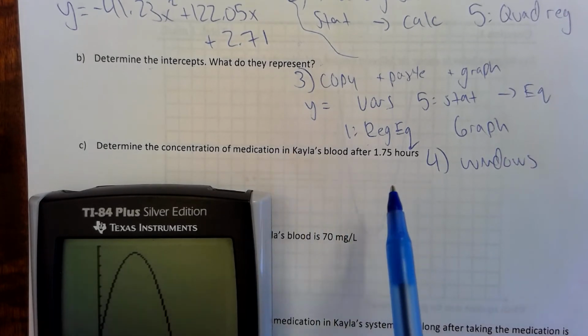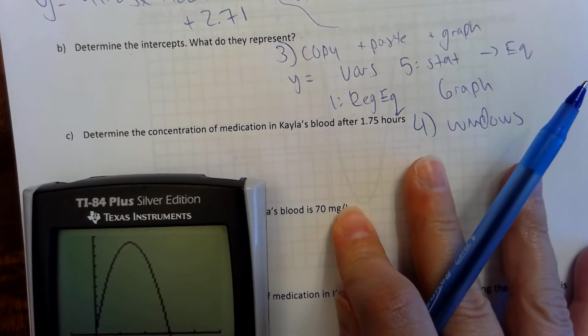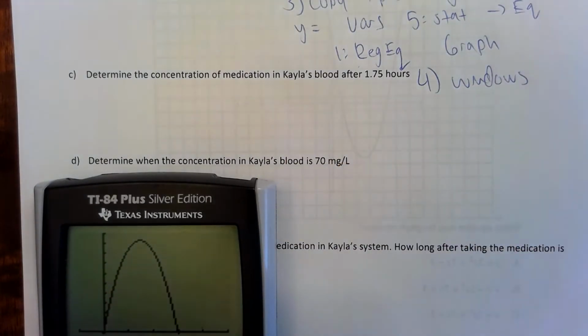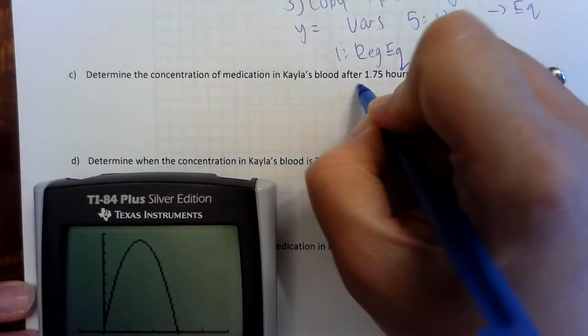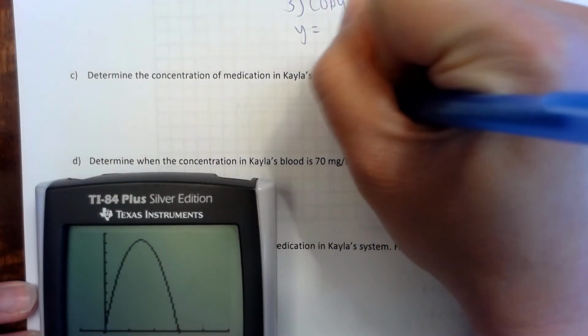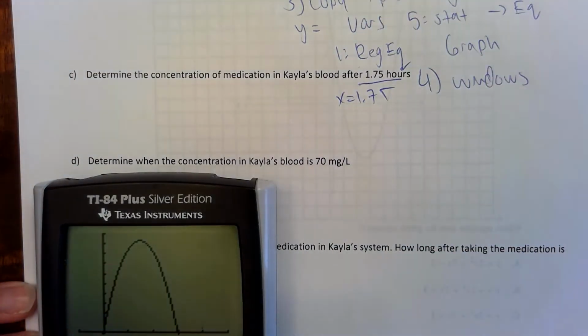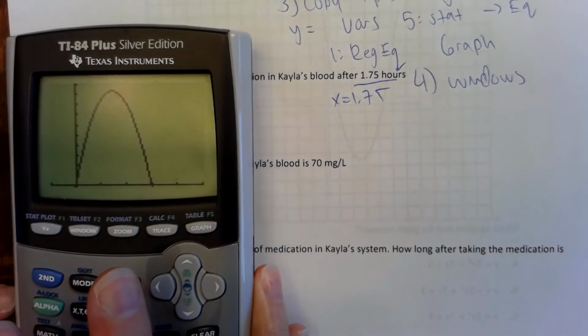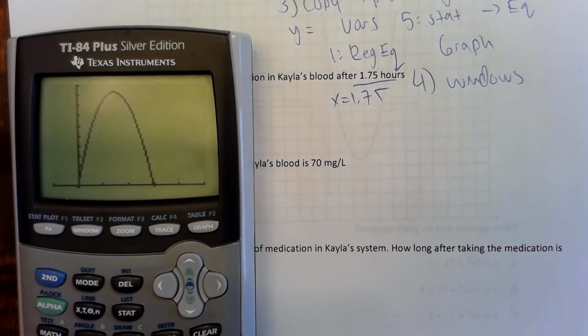So here's the type of question we might get. Determine the concentration of her blood after 1.75 hours. Is that an X or a Y value right there? I'd say that's an X value, it's time, so X equals 1.75. When I have an X value and I want to find a Y value, I can use these steps right here, and this is from earlier in your booklet if you want to look back at it.